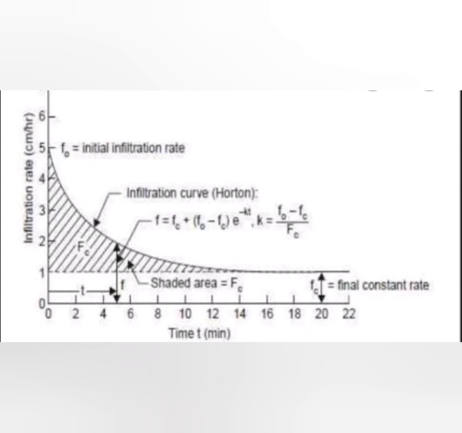We can represent k as k = (F0 - Fc) / Fc, where F0, as I told earlier, is the initial infiltration rate, Fc is the final infiltration rate or infiltration rate at saturation, and capital Fc is the shaded area. So from this we are able to obtain k.